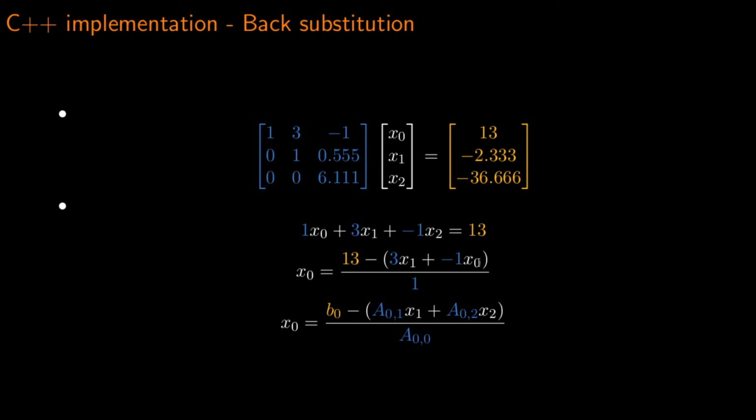That should be, of course, x2. It should be 3x1 plus minus 1 times x2. Or, to put that algebraically, what we actually have is x0 is equal to b0, that's 13, minus a01, which is 3, times x1, which is there, plus a02, which is minus 1, multiplied by x2, which is there, all divided by a00, which is there.